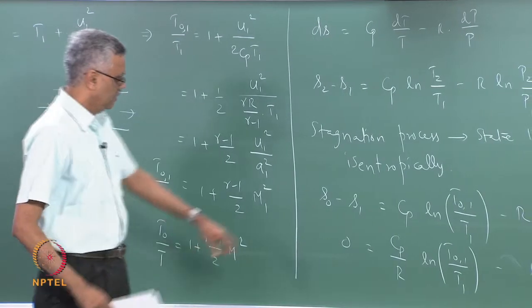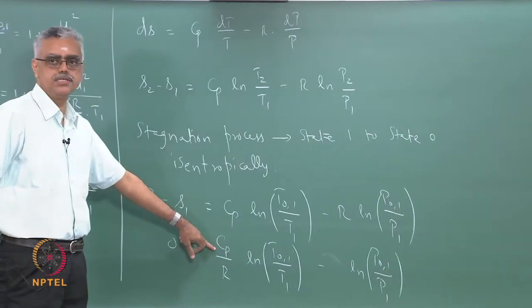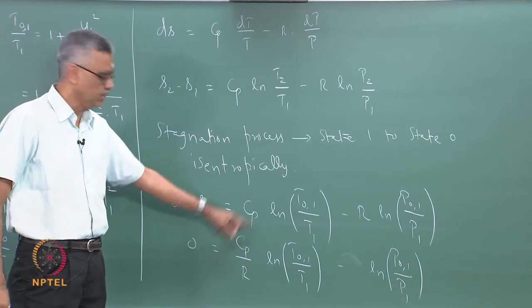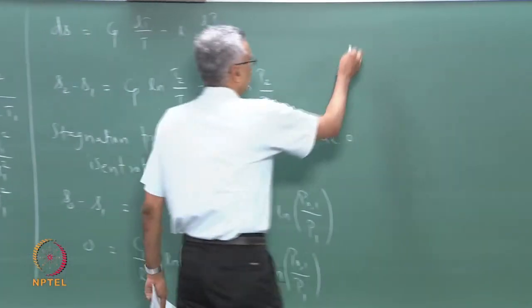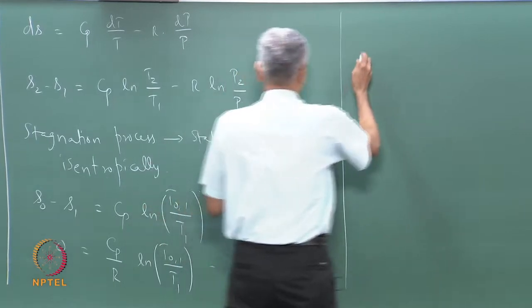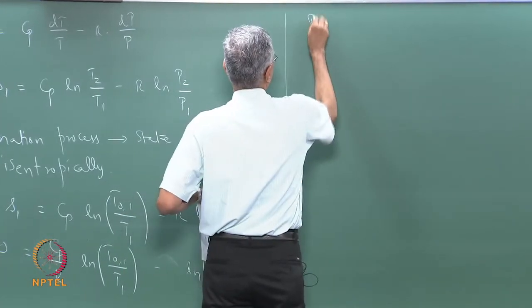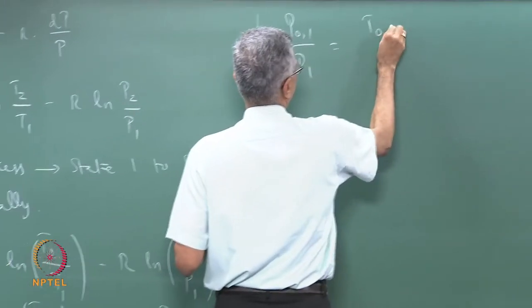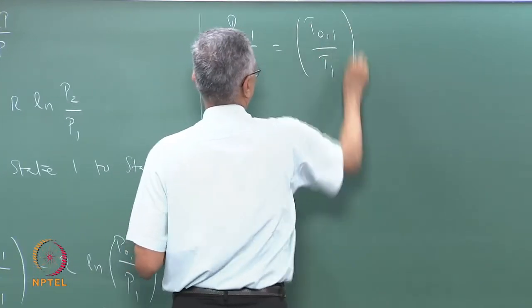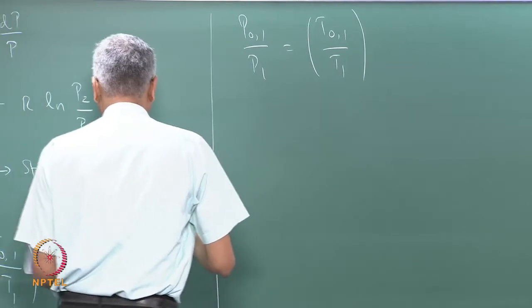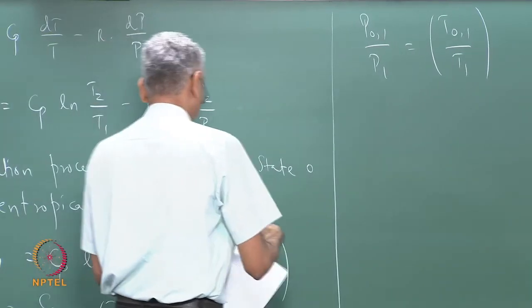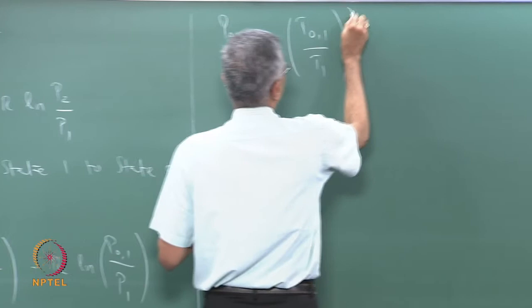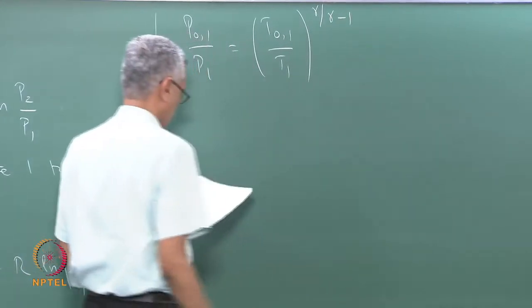Once again, if you realize that Cp is gamma times R over gamma minus 1, I can simplify this equation and write: P01 over P1 is equal to T01 over T1 raised to the power gamma over gamma minus 1.